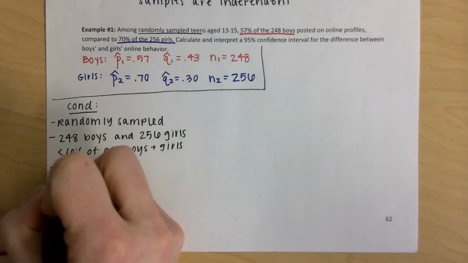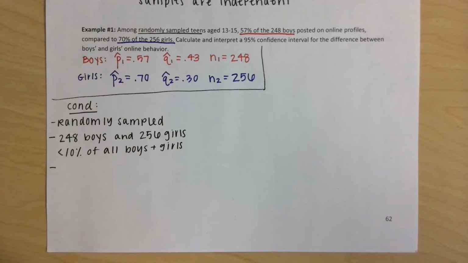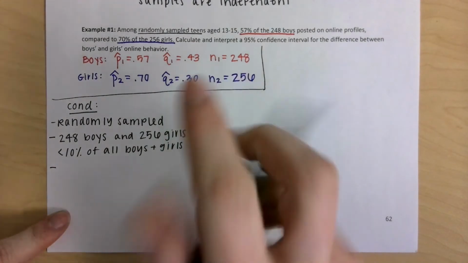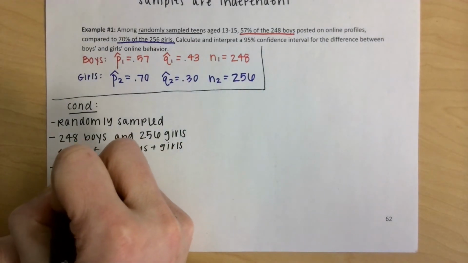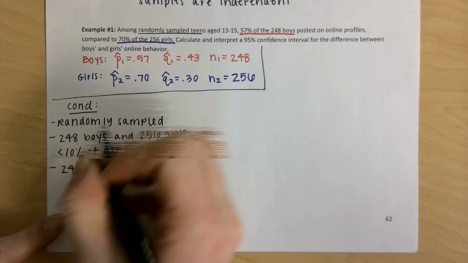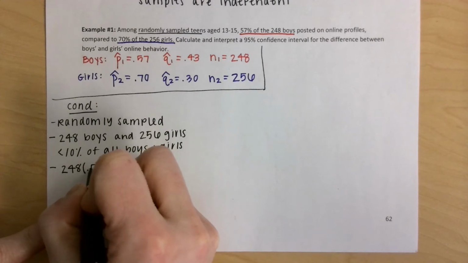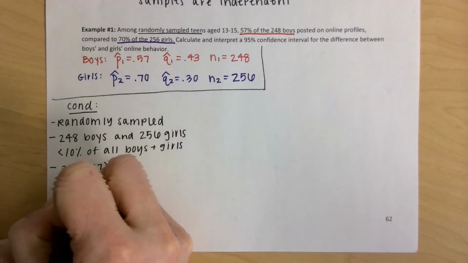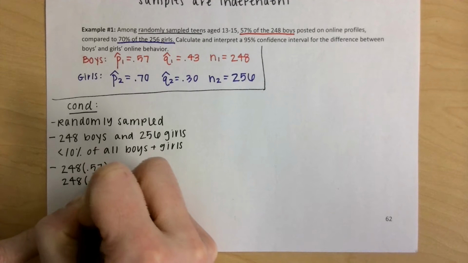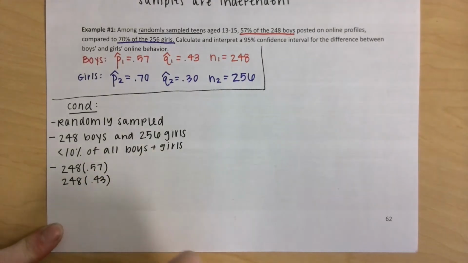The next thing I'm looking for are my 10 successes and failures. So I'm going to start with boys. I'm going to take my 248, multiply by p hat 1, so that's the 0.57, and take 248 times the 43%.